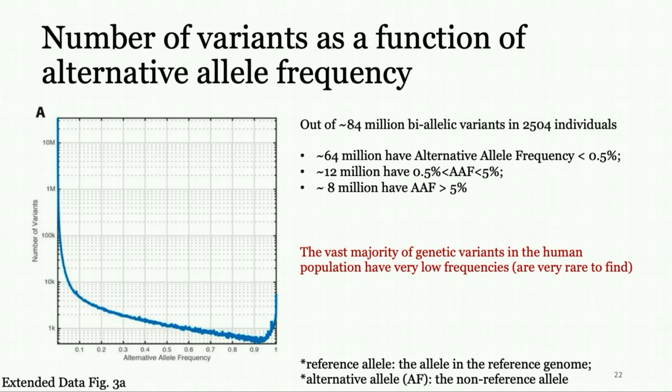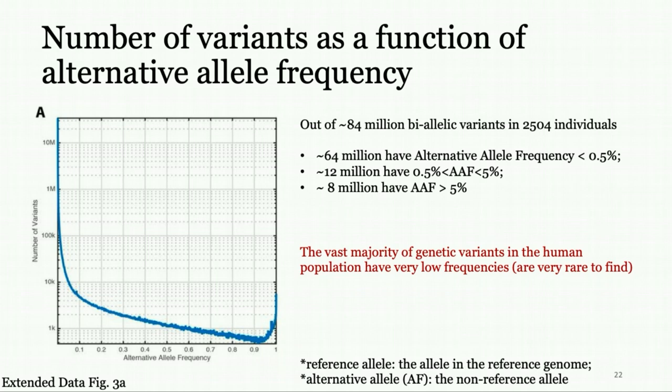That's the frequency of that specific variant. Here I use the reference allele, which is the allele in the reference genome, and the alternative allele is the non-reference allele. At each genetic variant we have two possible alleles, and we only look at the frequency of the alternative allele.